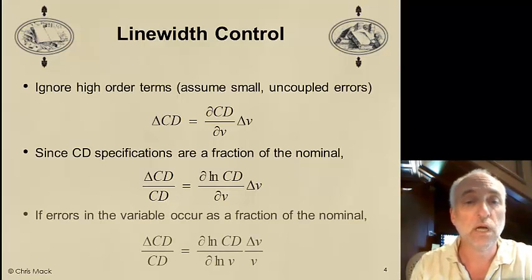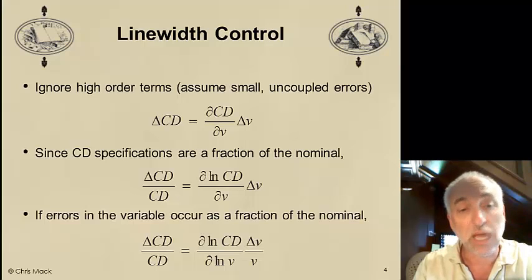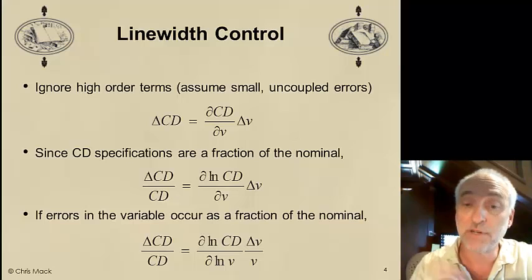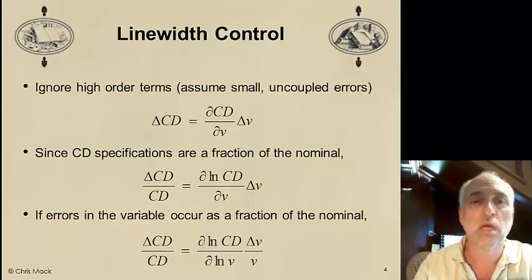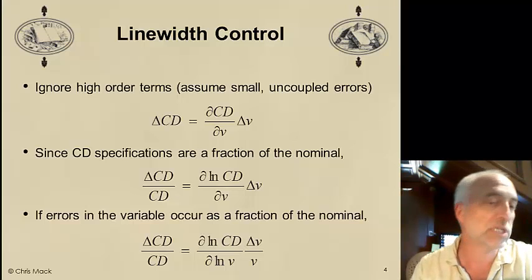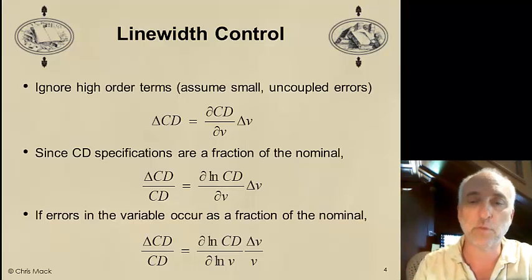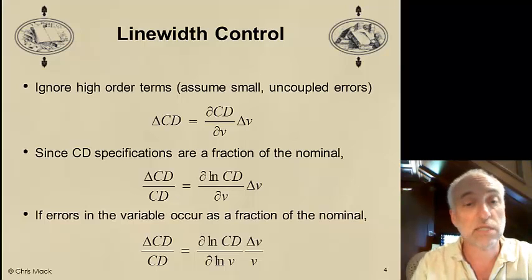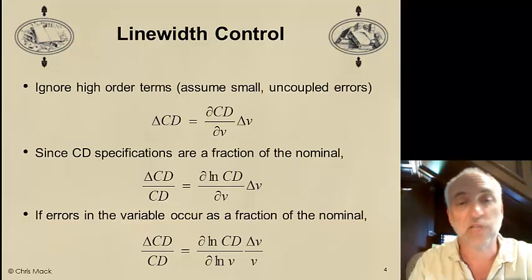But also we find that many process variables have errors that always occur as a fraction of the nominal. A very good example is exposure dose. If I have a variation in the illumination intensity over the photomask, that's going to result in a dose error. But that dose error is as a percentage of the nominal.